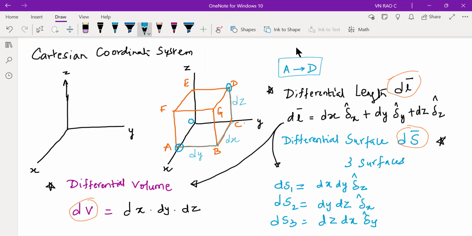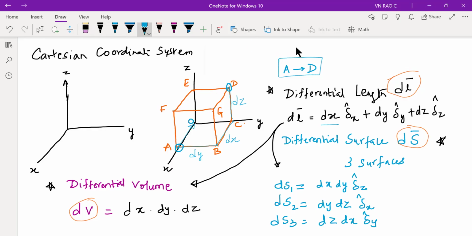We can also travel in another way. We start from A to F, that means Z direction, F to G, Y, G to D, X. So we can also do that. First, let us say we are traveling in one direction, suppose dx. So suppose we travel like this.